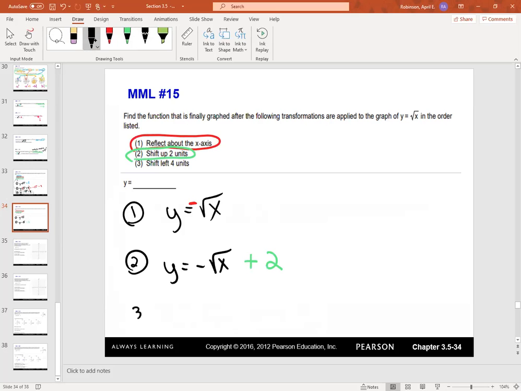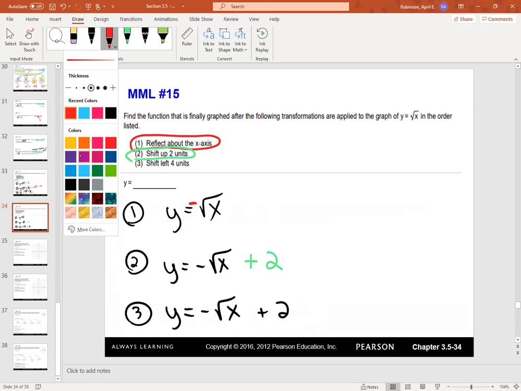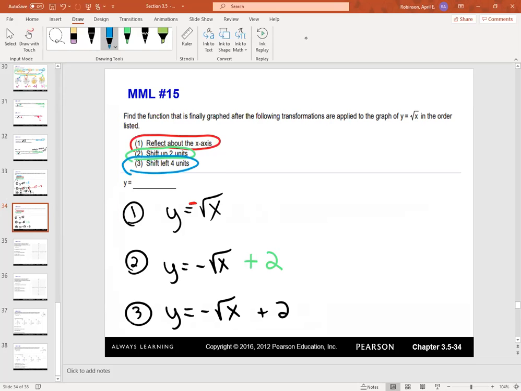So then when I get to step 3, I'm now going to alter this. How is that going to change? It is going to change by shifting it left 4 units. In order to shift it left, you have to put it under the radical, so I've got to extend my radical out.